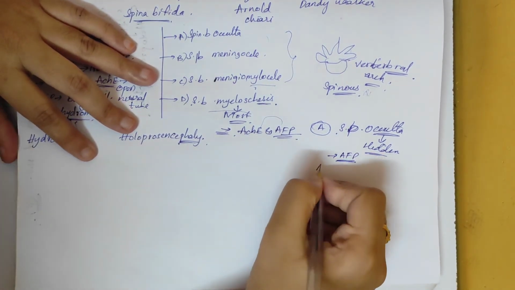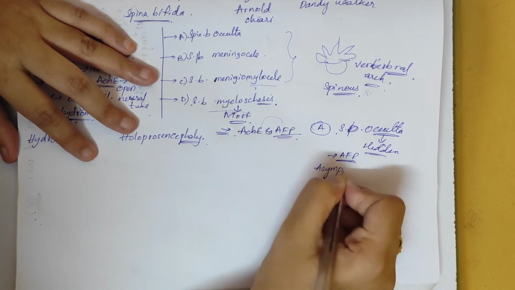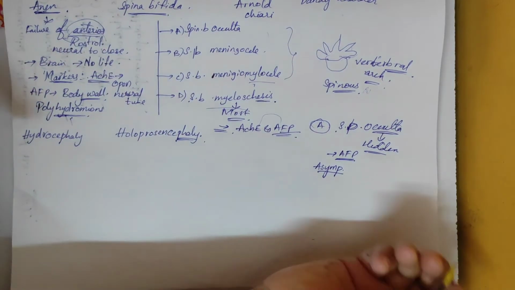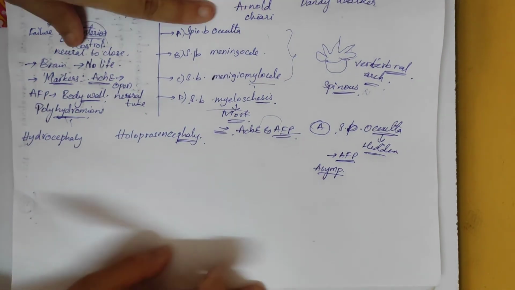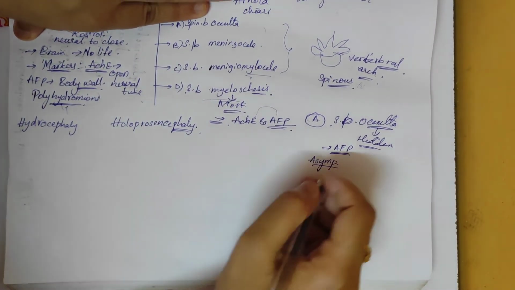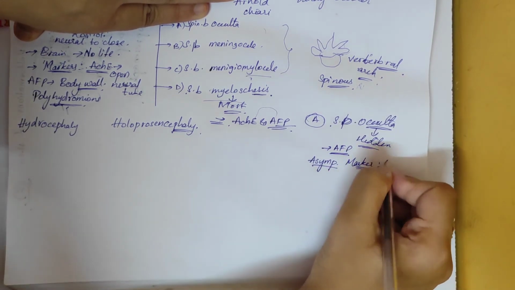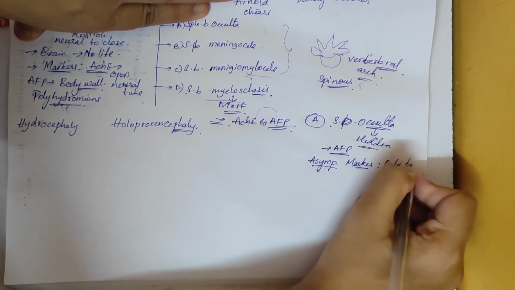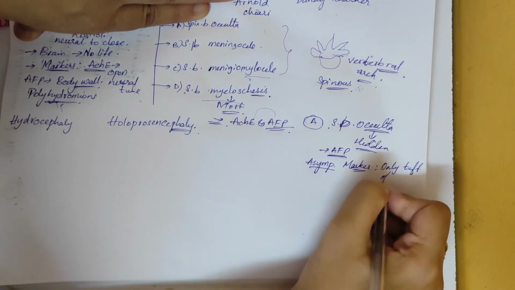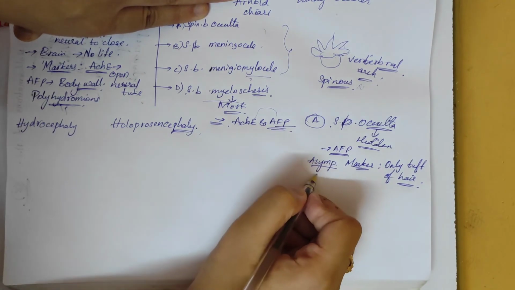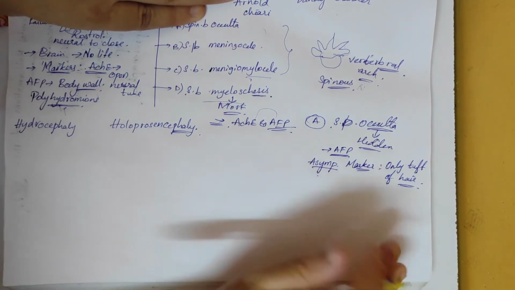this is asymptomatic. So if there is no AFP, no ACHE, how can we identify this? There is only one classic marker which is important, that is we can see a tuft of hair here, and also this is most commonly missed in ultrasounds.